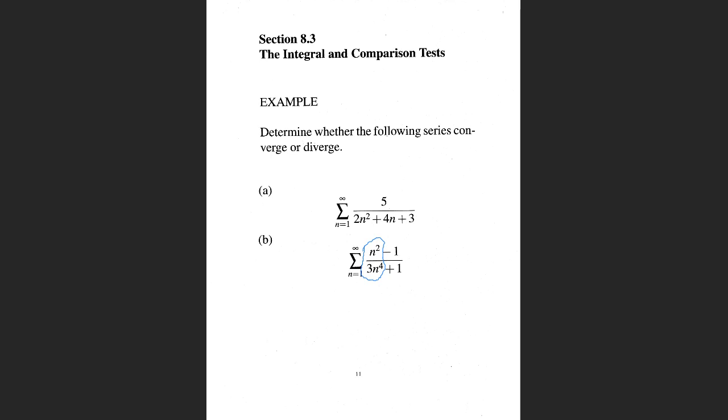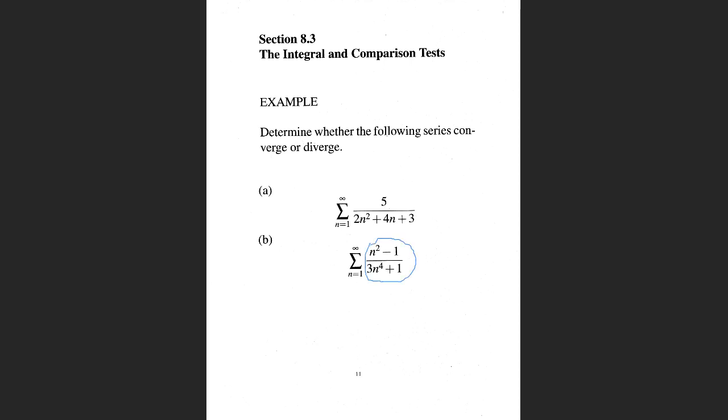So what does n squared over 3n to the fourth reduce to? One over 3n squared. Oh, that's a p-series, right? So maybe I can compare the sequence of terms that this series is based on to some kind of p-series.